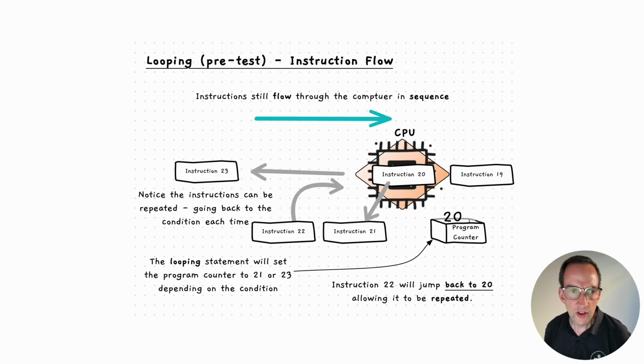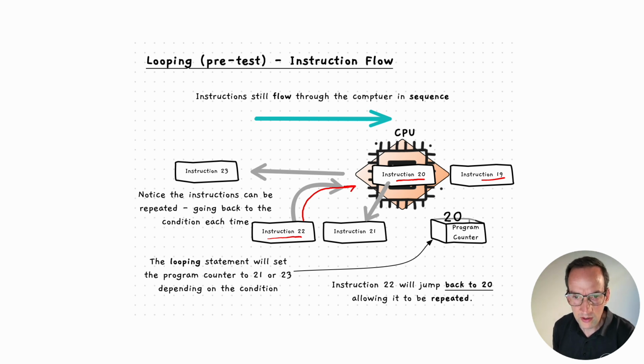So here's our visualization using instruction flow. We've executed instruction 19 and instruction 20 is currently executing. It has the decision of whether we're going to enter the loop or not. Now the loop itself is actually implemented over here in instruction 22. Notice this instruction is going to jump us back to instruction 20. That's what creates the loop.